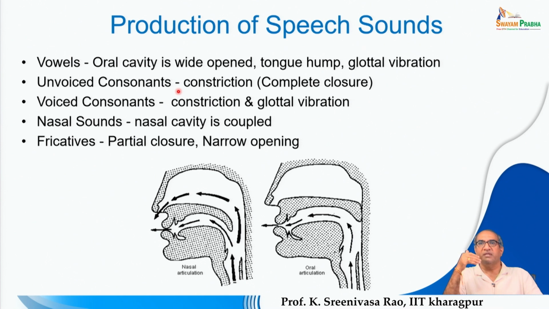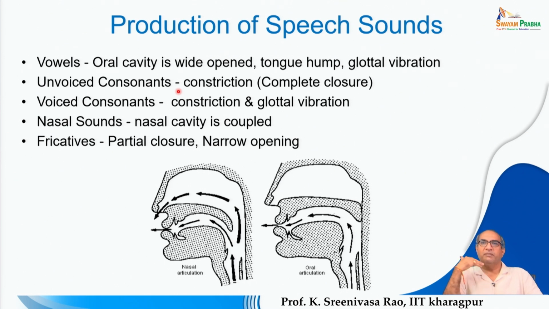In ka, the constriction is at the velum. In cha, the constriction is at the palate, close to the soft palate. In ta, the constriction is before the teeth, and in the other ta, it is at the teeth. In pa, the constriction is at the lips.